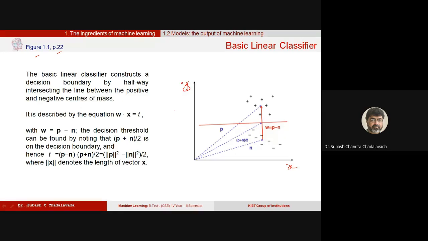Now what does this have? It has some instances with a plus sign: 1, 2, 3, 4, 5, 6. It has some plus instances and some minuses.